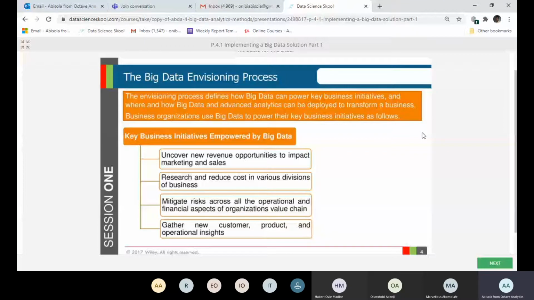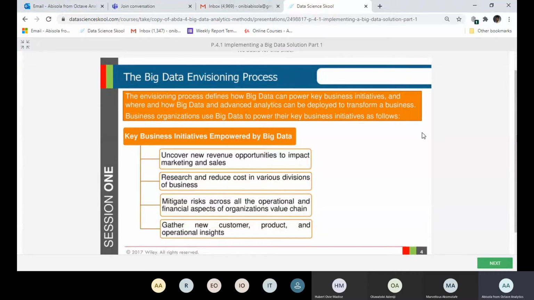So now to the big data envisioning process. The envisioning process defines how big data can power key business initiatives and where and how big data and advanced analytics can be developed to transform a business. Business organizations use big data to power their key business initiatives. Their key business initiatives are like: what is the reason this business was brought up in the first place? What are our key values? What are the things we're trying to achieve? Those are the key business initiatives.